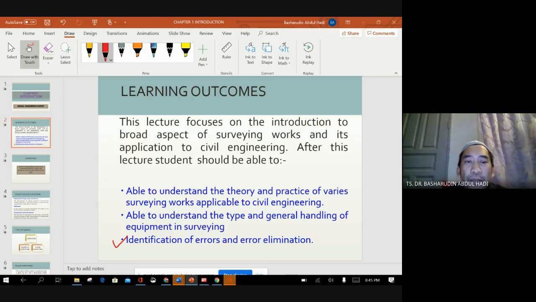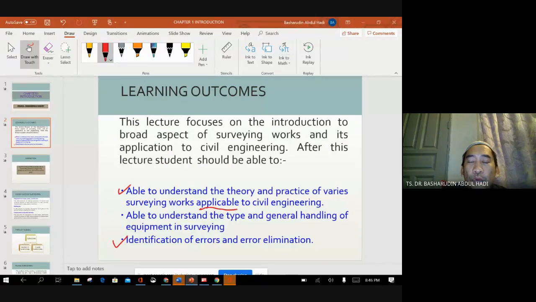For example, able to understand the theory and practice of various surveying work applicable to civil engineering. You understand the theory, for example how we do leveling, and then you do practice on site, and then you know how this theory and practice is applicable.